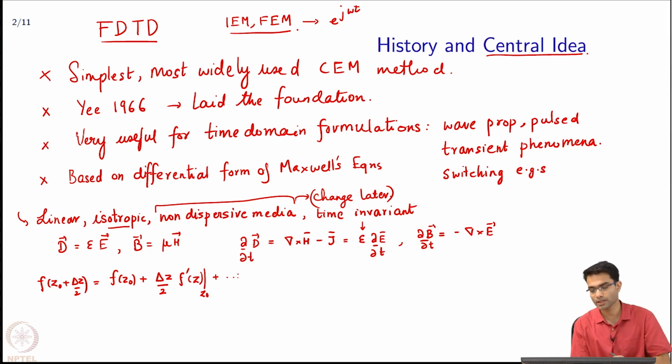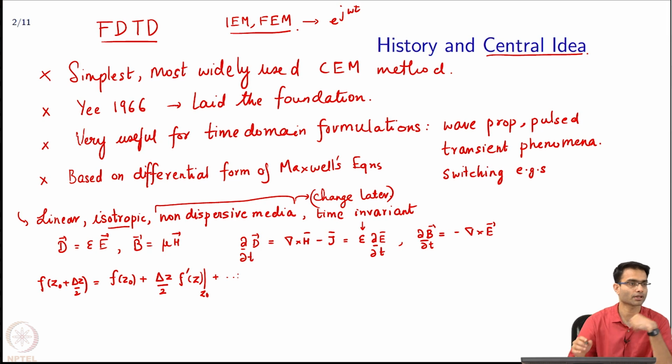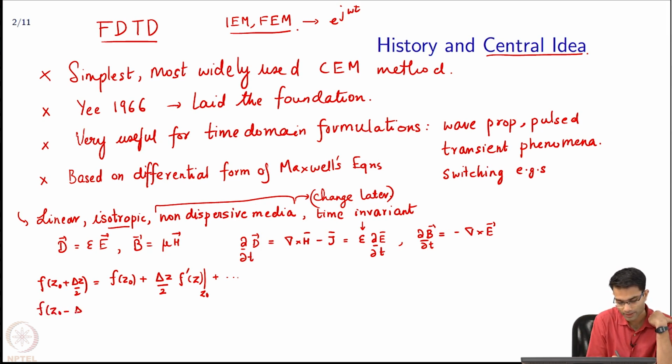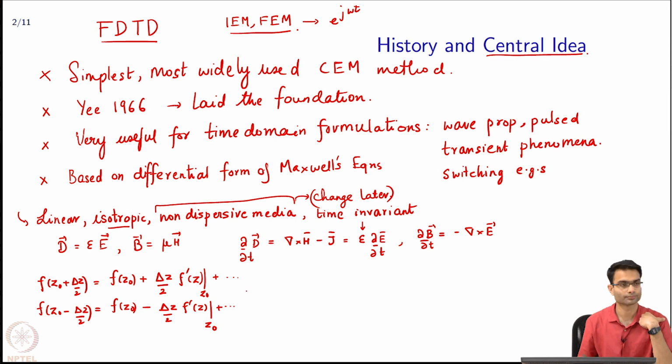Okay. What is the order of derivatives in the Maxwell's equations that we have seen, in space and time? First order, right. So we will just restrict our discussion to first order for now, and by symmetry this will become minus delta z by 2, right.